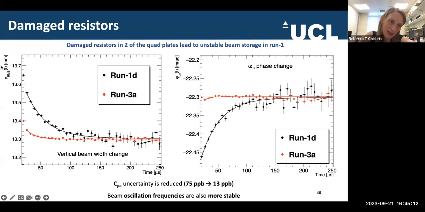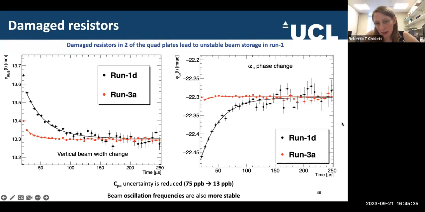You can see here the vertical position of the beam as a function of time. In run 1, it changes quite dramatically over the course of the fill. But this is dramatically reduced in run 3 and run 2.